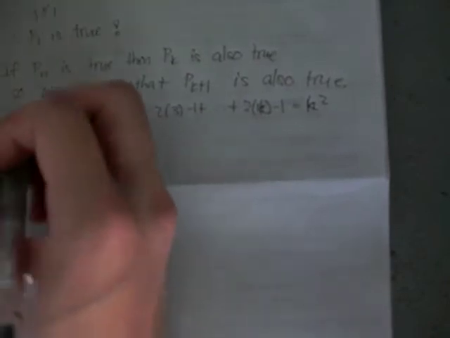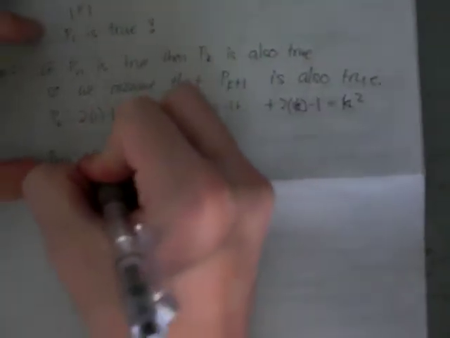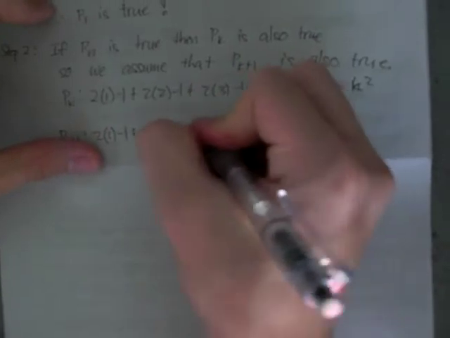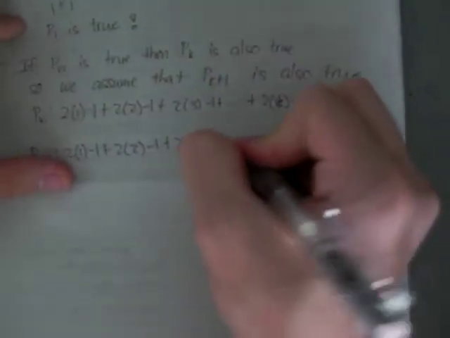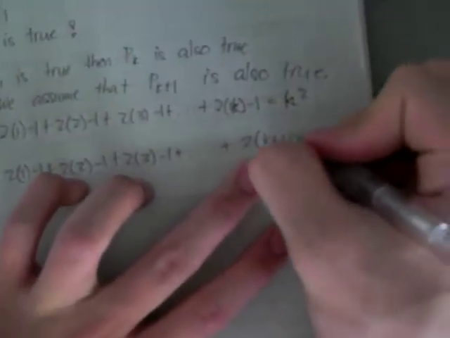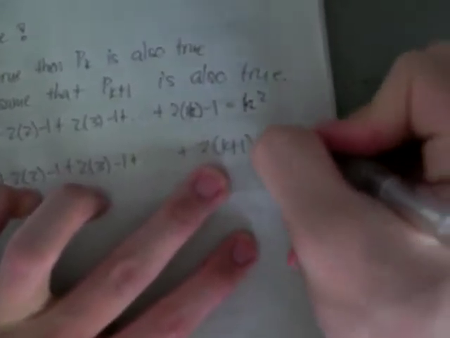Since we assume that Pk plus 1 is true, we can say that Pk plus 1 is 2 times 1 minus 1, plus 2 times 2 minus 1, plus 2 times 3 minus 1, plus goes on until 2 times k plus 1 minus 1, equals k plus 1 squared.